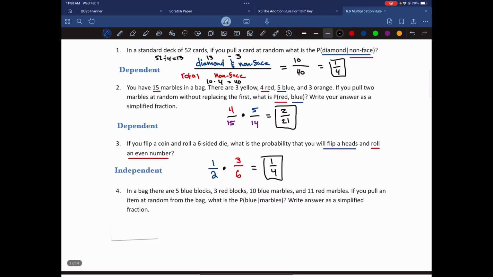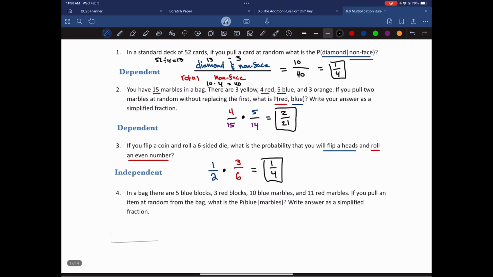It says, in a bag, there are 5 blue blocks, 3 red blocks, 10 blue marbles, and 11 red marbles. If you pull an item at random from the bag, what is the probability of pulling a blue given it's a marble? Okay, so we're going to do this just like how we did it last time.